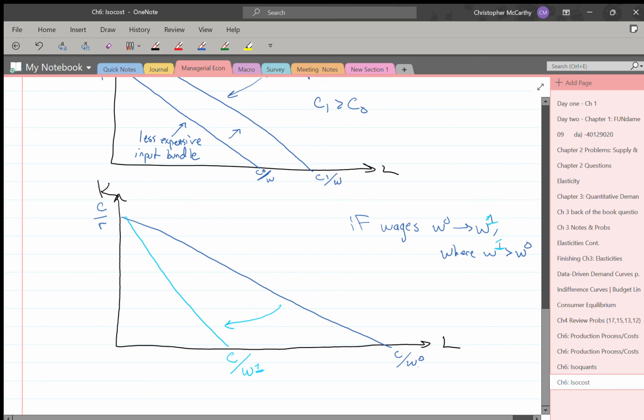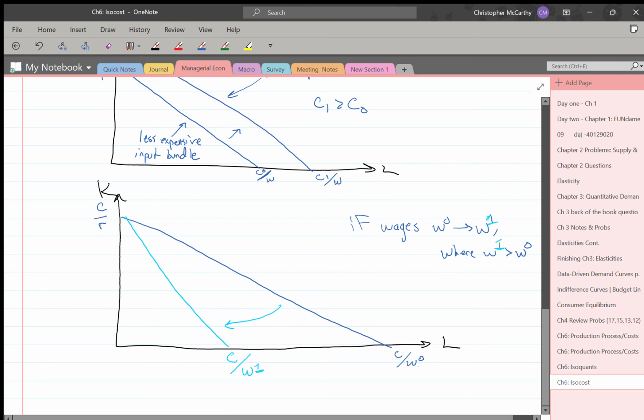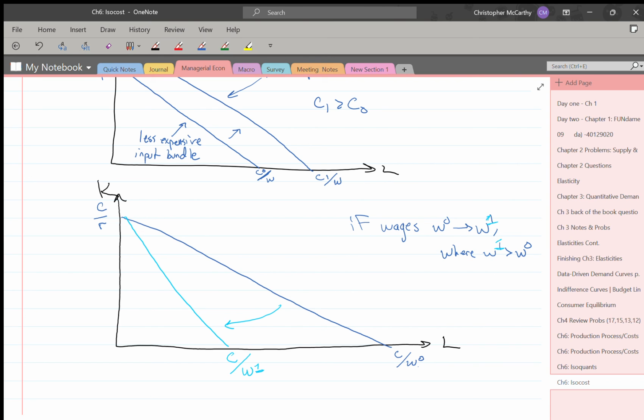So a more expensive wage is going to have an inward pivot of the isocost curve, and it's going to pivot along the y-axis, and it's going to go clockwise. Higher wages makes a steeper line in a clockwise direction.